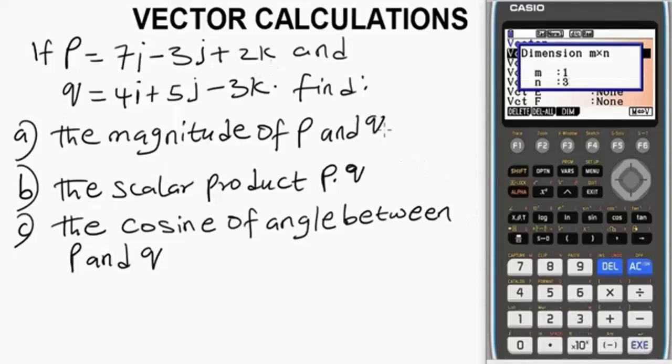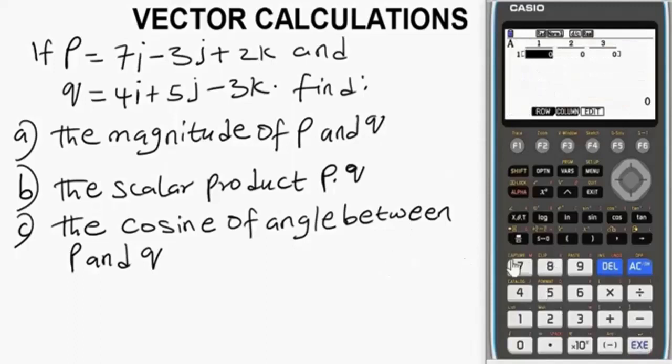So that's the dimension of vector P, which is our vector A here. Now the values are going to be 7, minus 3, and 2. Okay, so let's press Exit and input the dimension for vector Q.